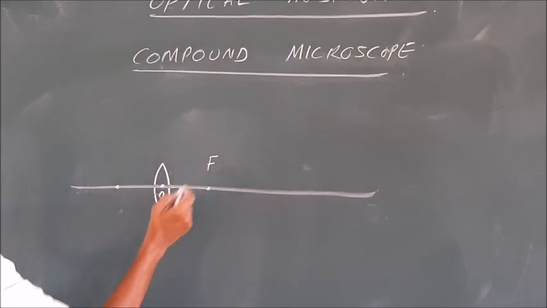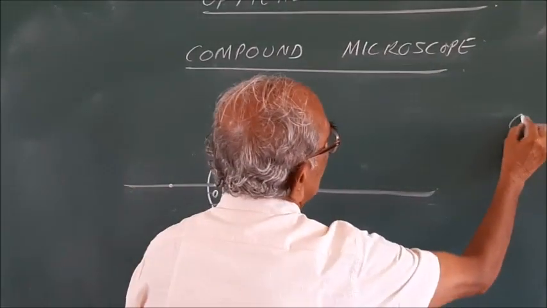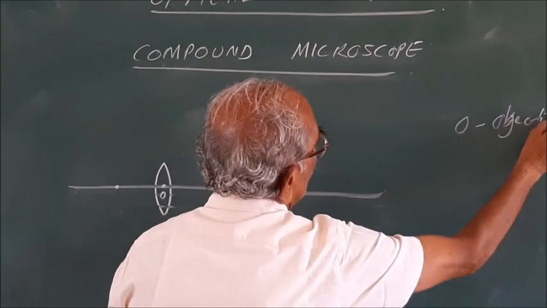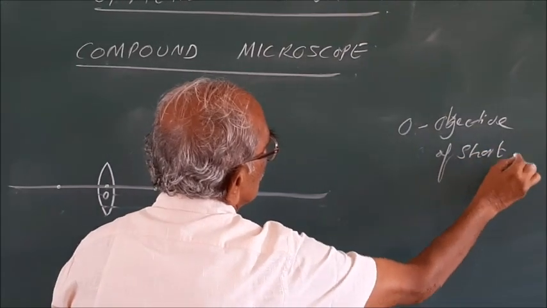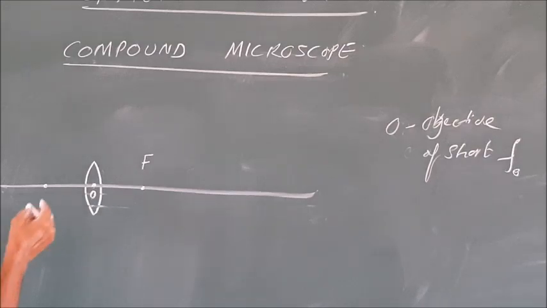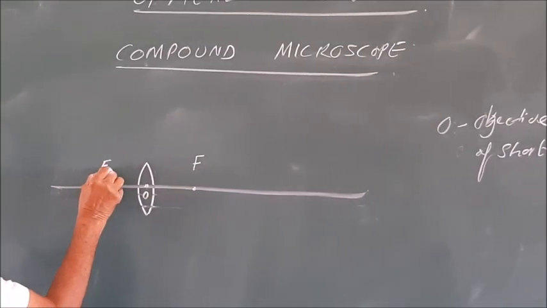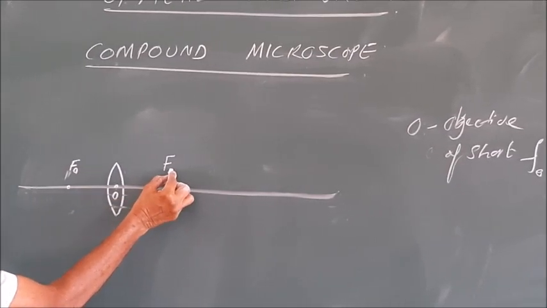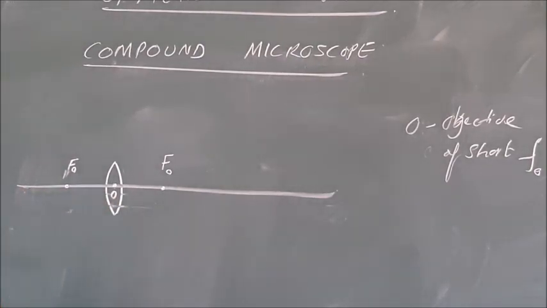This lens is called the objective, of short focal length. So this distance is very small. Because I refer these points to this objective, I denote them F_O, principal focus of the objective, first focal point, second focal point.